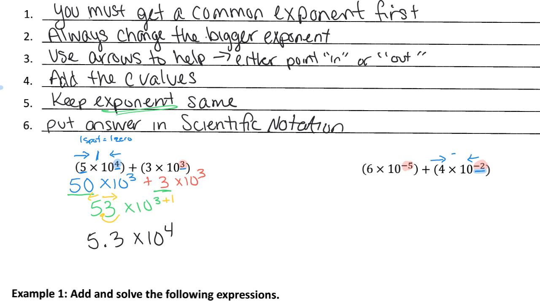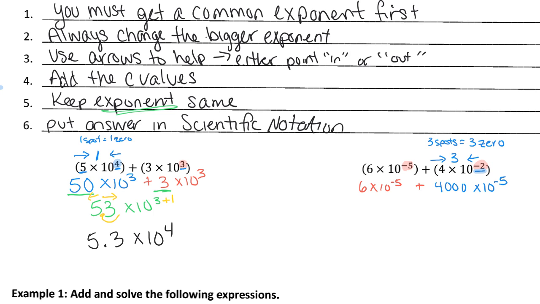The difference is 3. So it's 3 spots, which means 3 zeros. This 4 is going to turn into 4,000, and my exponent's going to become that -5. And my beginning number stays what it is.